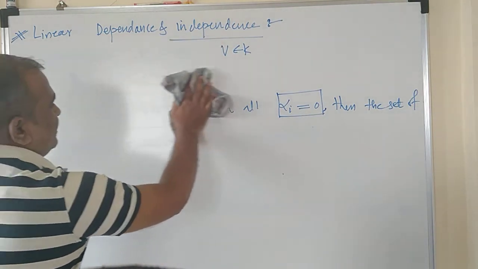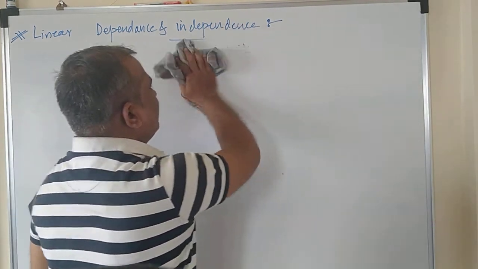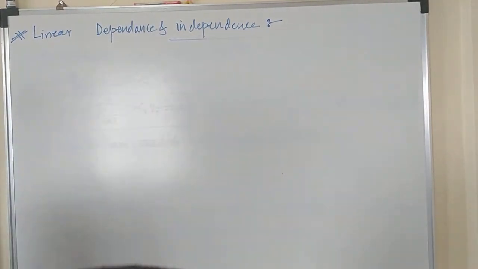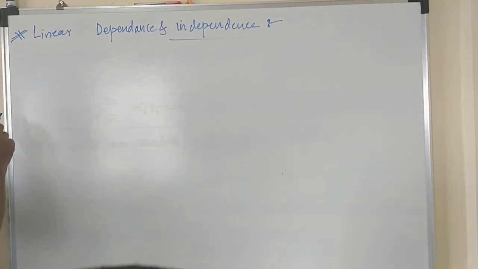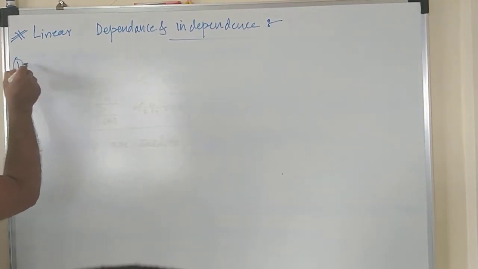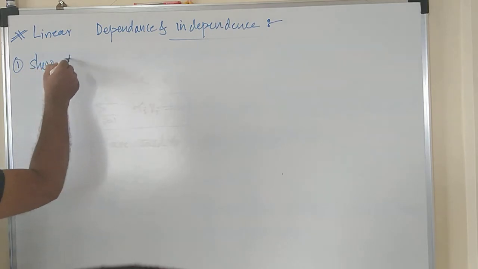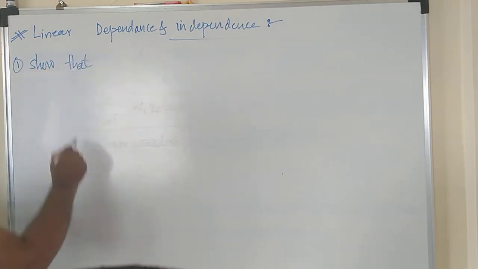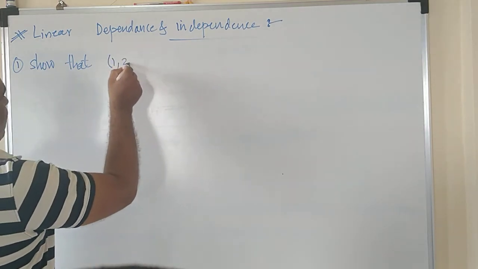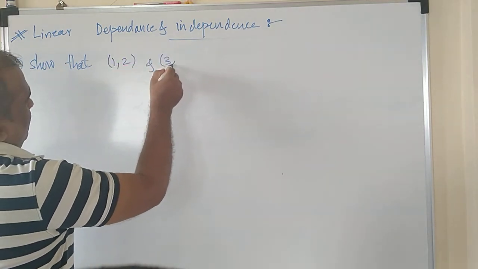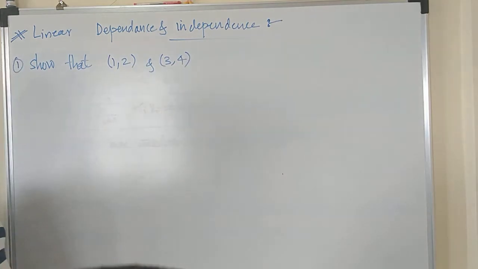So let's take the first problem. Show that 1, 2 and 3, 4 are linearly independent.